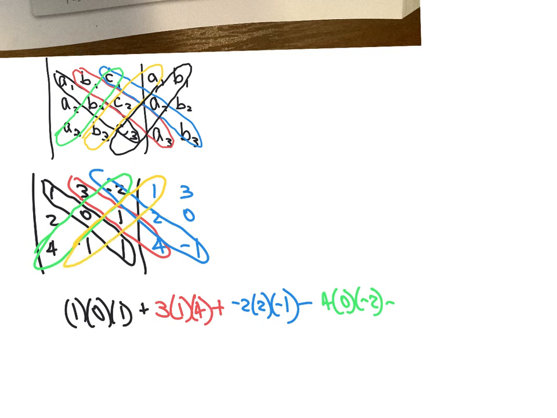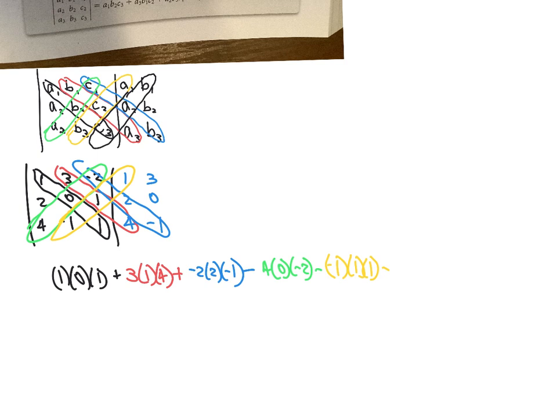And that is -1 times 1 times 1. And then I'm going to subtract, I'm going to have to make that a little smaller so it fits, the 3, 2, 1 here: 3 times 2 times 1.